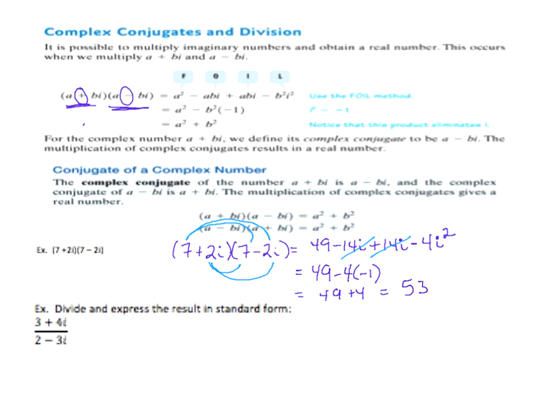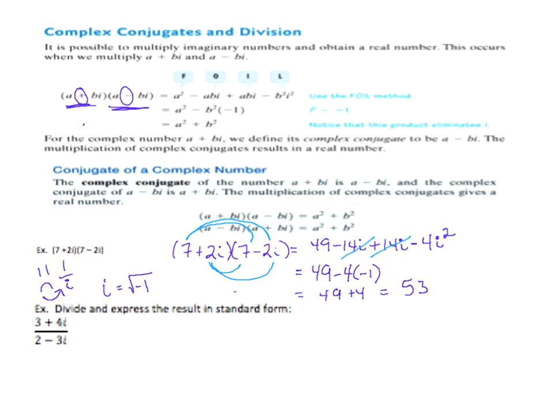Because just like with radical expressions, you cannot have a radical in the denominator. So since i is equal to the square root of negative 1, you can't have i show up in the denominator either. It's a little sad face looking at the 1 over i. You can't leave i in the denominator. And the way we get rid of having that root show up in the denominator is we multiply the denominator by its complex conjugate.